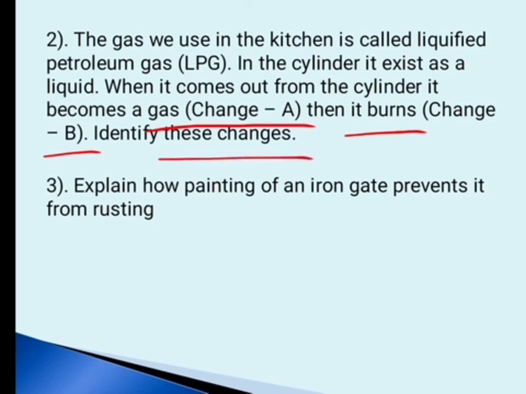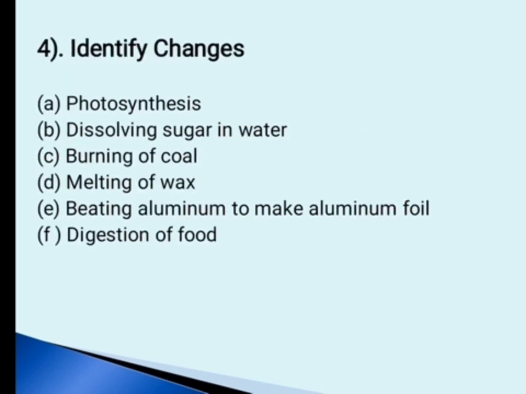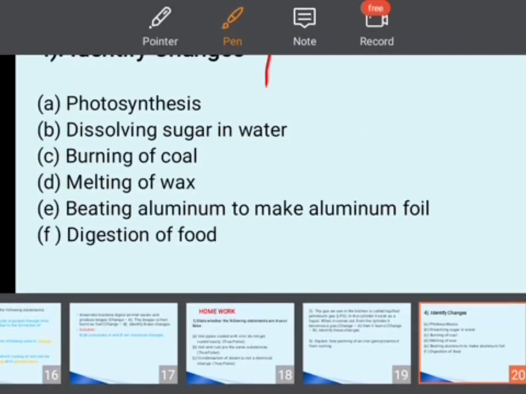Now identify these changes. Whether both are physical, or both are chemical, or one is physical and one chemical. You have to choose. Now the third question is, explain how painting of an iron gate prevents its rusting.